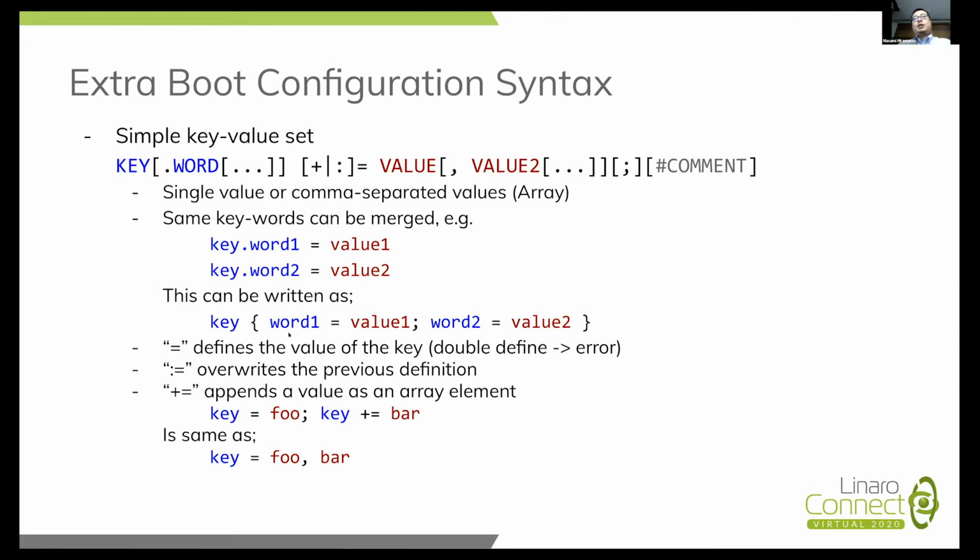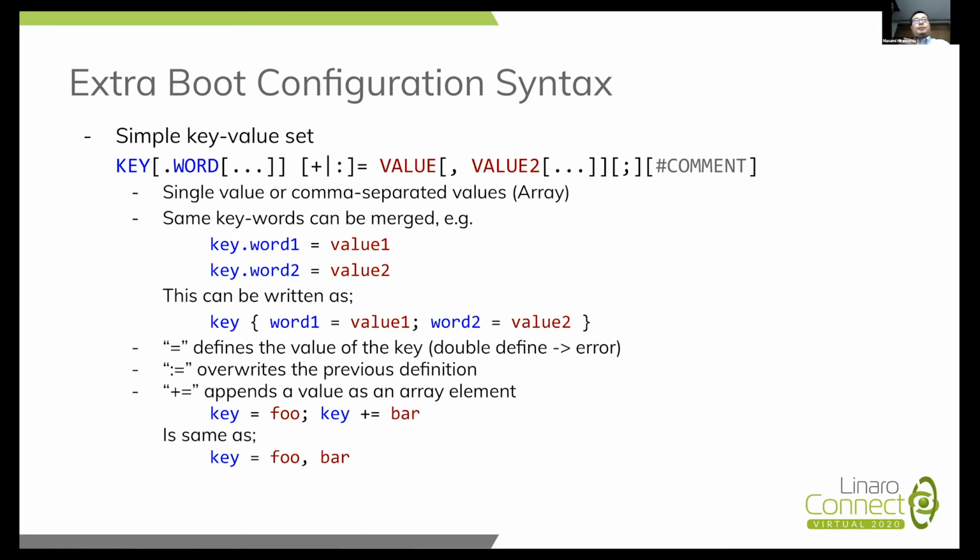You can write it down as key, braces, word1 equal value1 and word2 equal value2, so that you can skip the key with the braces. And also, we have several assignments. Simple assignment, so equal, defines the value of the key.